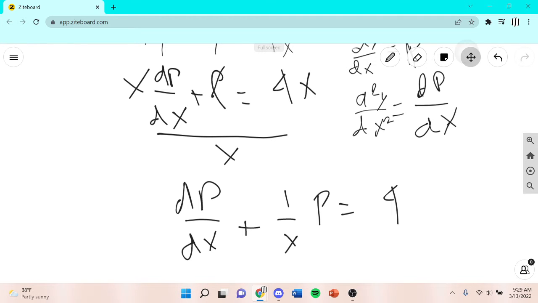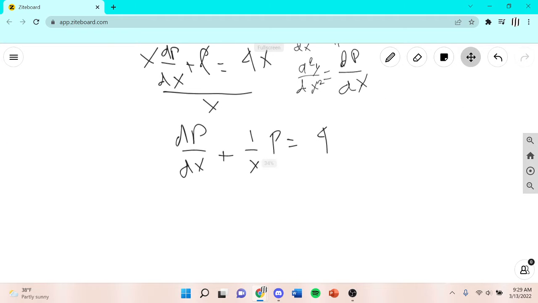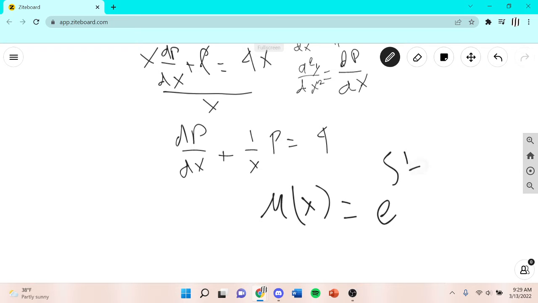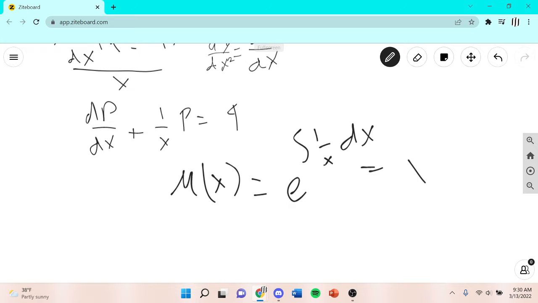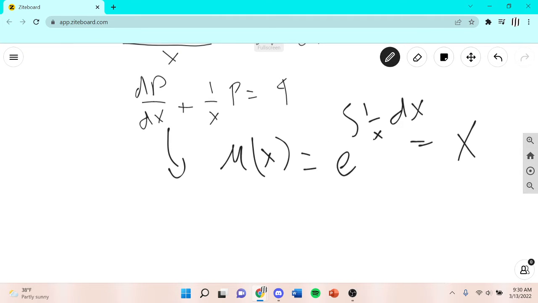Now our integrating factor is going to be equal to e to the integral of 1 over x dx, and that's just going to give you x. Once again we're going to multiply everything here, so x dp over dx plus p is equal to 4x.